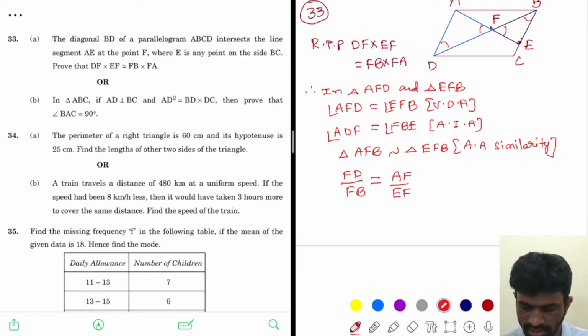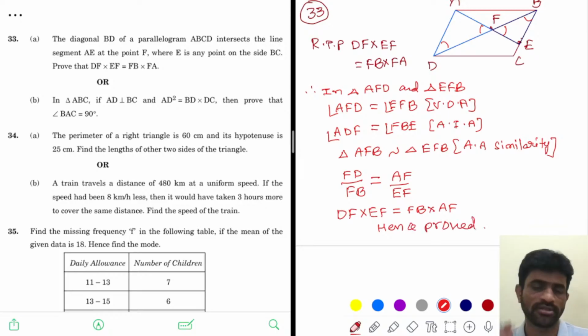Now if you do cross multiplication, FD is nothing but DF only. So we get DF into EF is equal to FB into AF. Hence proved.